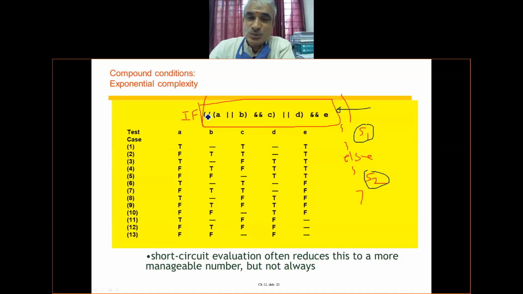Whereas each one of these is a condition: whether A is true or false, whether B is true or false. Put together, A or B is another condition. Now, C is another condition. I'll call this C1 and this C2, and C1 and C2 is a condition. D is a condition, C3. This one I will call C4, and C4 or C3 is another condition, let's call it C5.